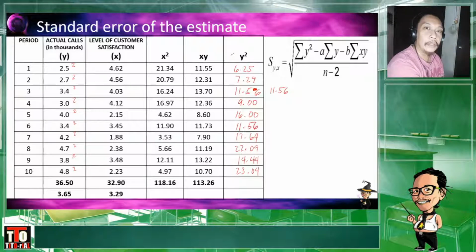Okay, so nakumpleto na natin yung column. So, since ang hinahanap is the summation of y squared, kunin natin yung, masunurin tayo eh, kunin natin yung summation ni y squared. So, pag ilad natin lahat tong nasa loob ng column, makakuha tayo ng value na 138.87.